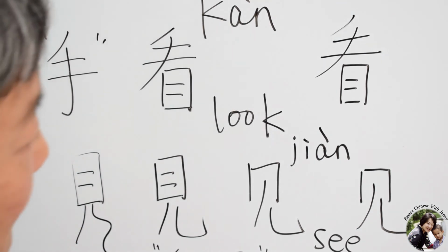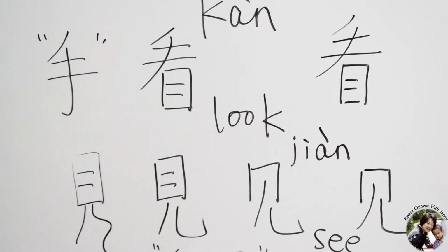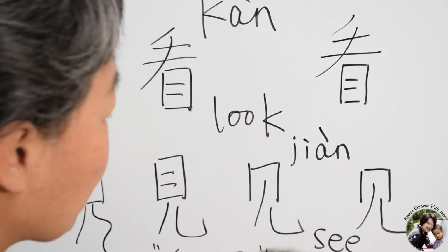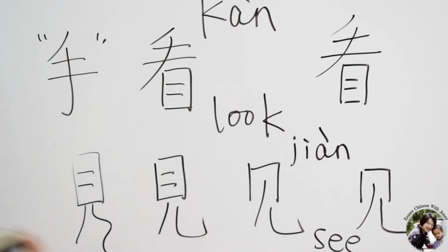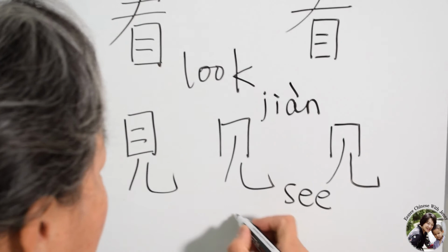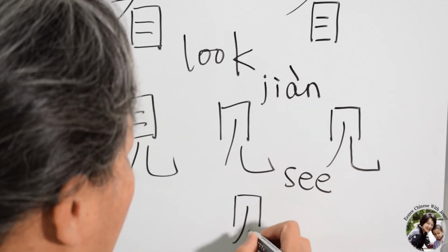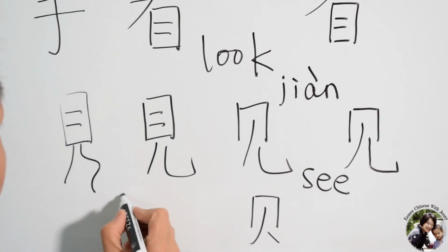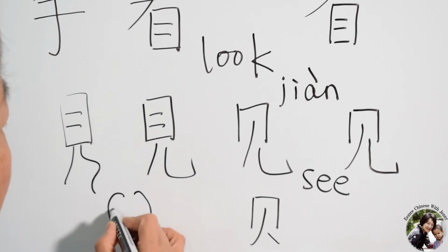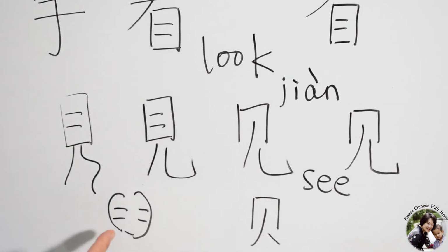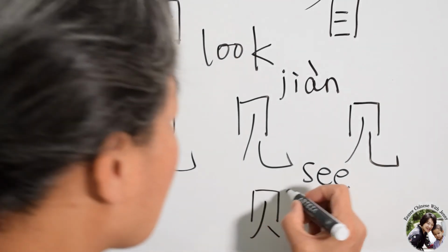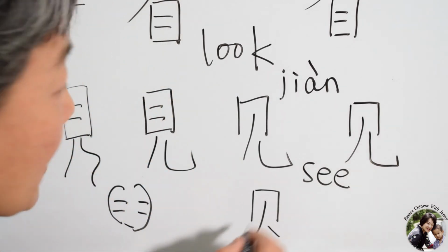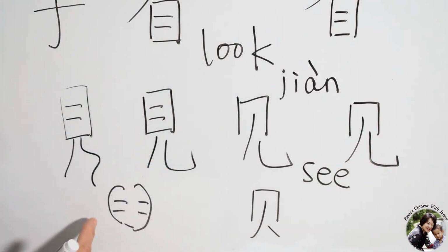Well, I think it is good that I demonstrate another character which is very similar to this character 见. It is written like this, but it came from the shape of this. This is a seashell, and this means treasure, because in the past the seashell was money.